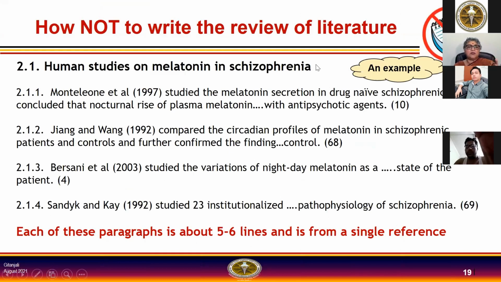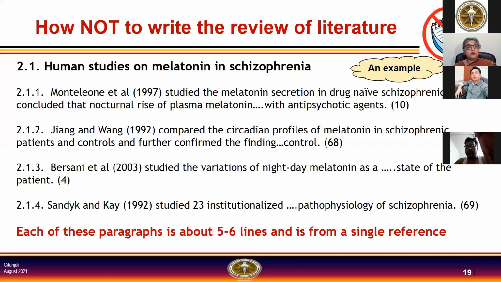So I'm just giving you an example. Look at this example. If you have done human studies on melatonin in schizophrenia, this is one of the themes which the person has taken. But when you look at the way the paragraphs are written, it is exactly what I said you should not do. All the studies taken are relevant, and it has been written properly also.